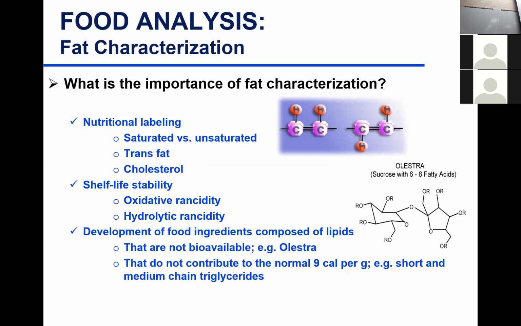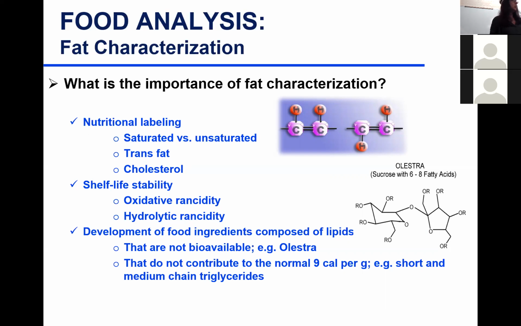Other than oxidative stability, I didn't talk yet about hydrolytic rancidity. There is oxidation of your fat, and there's also the breakdown of the fat. If you have endogenous lipase, let's say in flour samples, mostly oat because you have a high percentage of lipase and lipoxygenase enzyme, but also in wheat flour, it is an important parameter for shelf life of the flour.